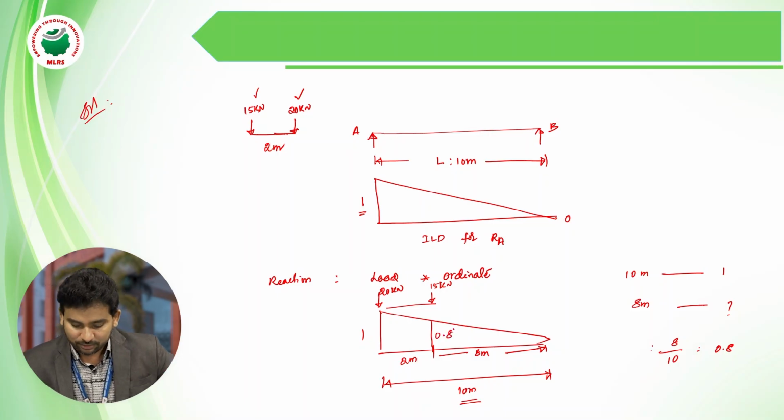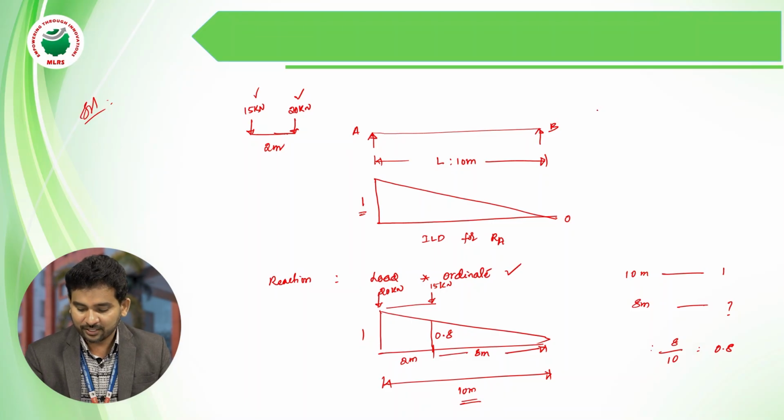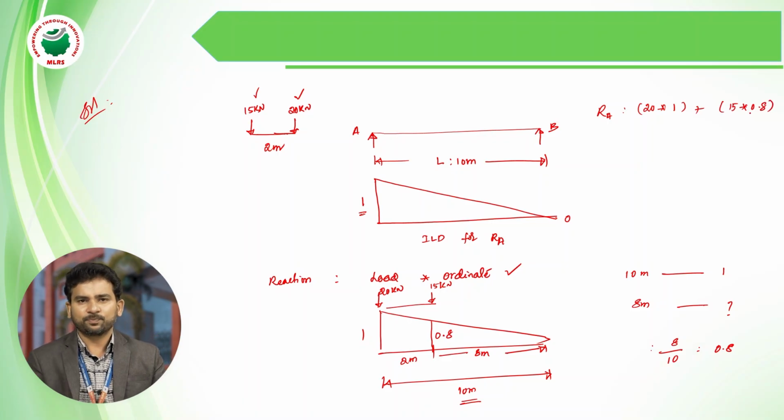Very simple. So now the final answer will be like this. Already we know the formula, load into ordinate. So the reaction RA is equal to 20 into 1 plus 15 into 0.8. So this is the final value, the reaction RA.